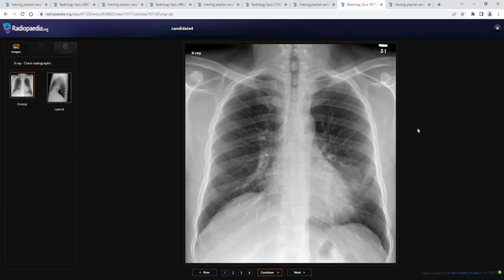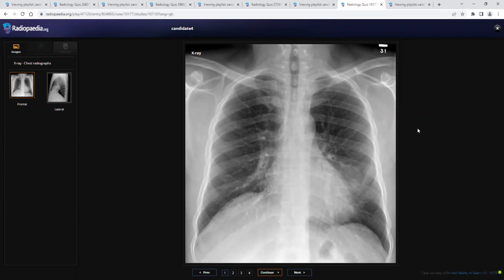What are your differential diagnoses and how do you manage? Bronchiectasis, and there is no obvious opacity in that dilated bronchus, so I don't think it is a case of asthma.